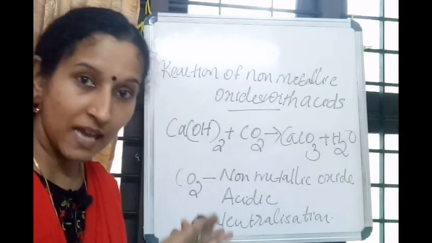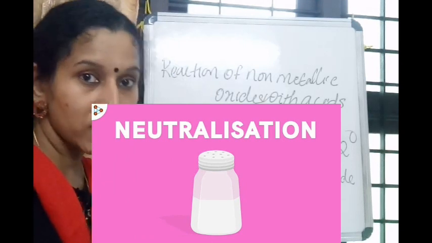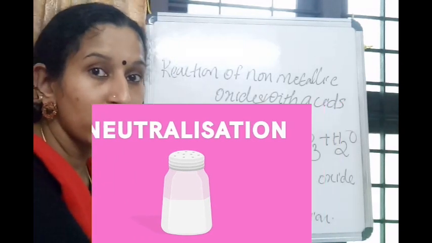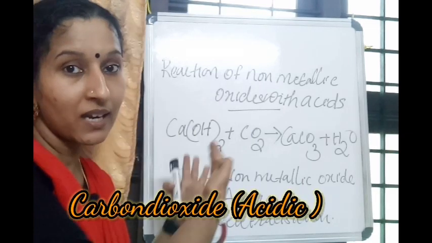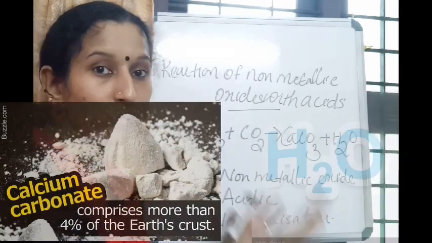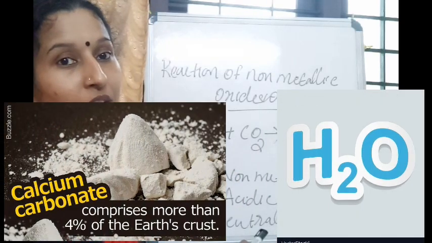Carbon dioxide is a non-metallic oxide, and non-metallic oxides are acidic in nature. So this is a neutralization reaction because calcium hydroxide is a base and the non-metallic oxide, carbon dioxide, acts as an acid. These two react to give calcium carbonate and water. Calcium carbonate is a salt and the second product is water.